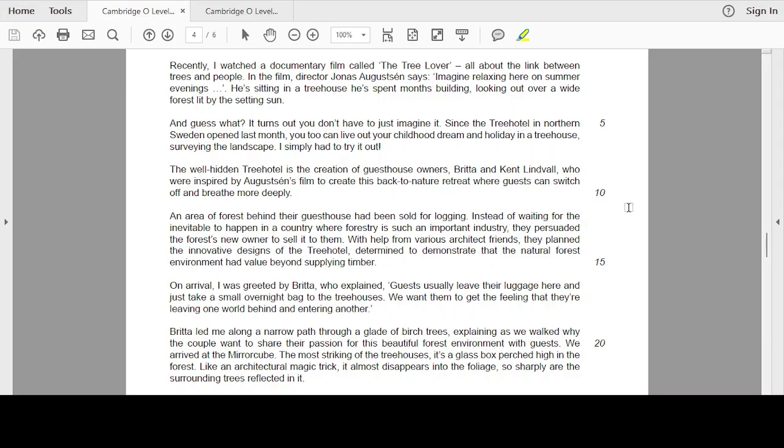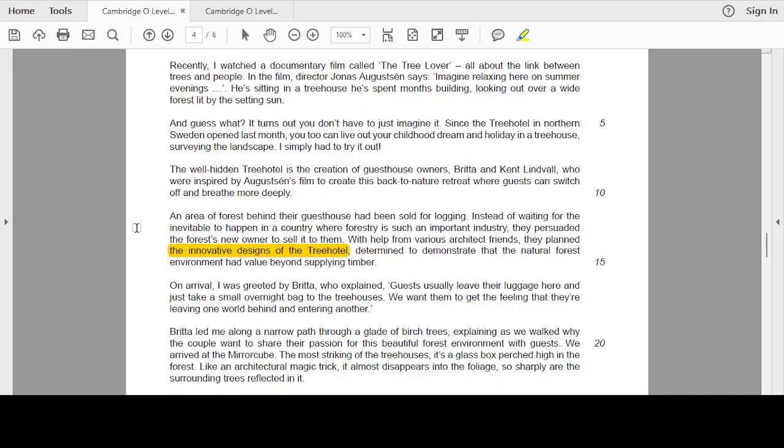Okay, could you point me towards which line that is? Line number 14. Okay, we're all the way down here. Innovative designs. Okay, so we have 1 point to start with.